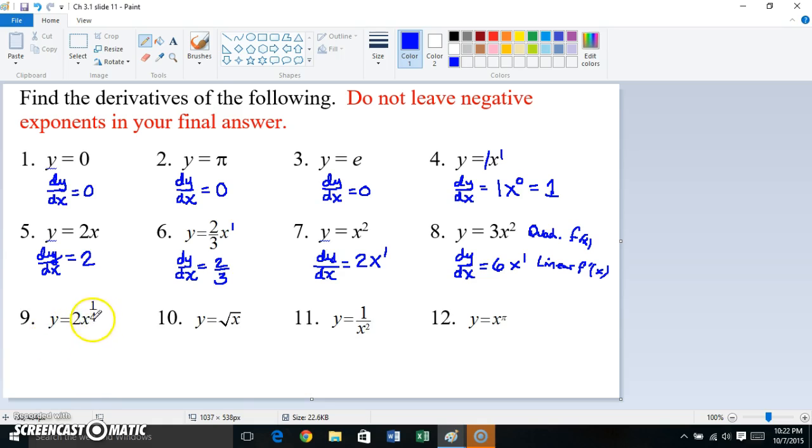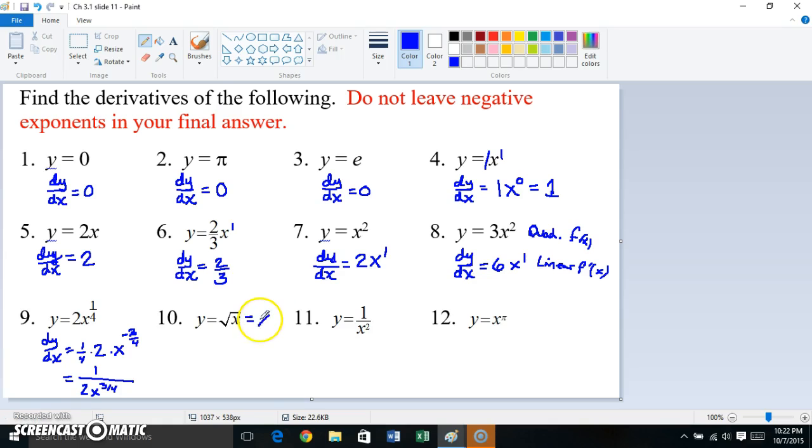Okay, 2x to the 1/4. dy dx is 1/4 times 2 times x to the 1/4 minus 1, 1/4 minus 4/4, negative 3/4. Writing this with positive exponents only, we would get 1/2x to the 3/4.